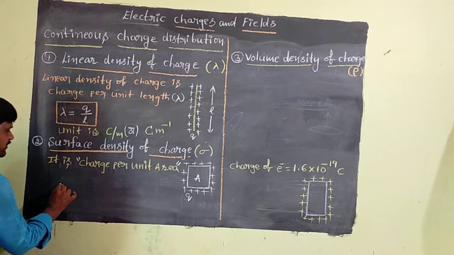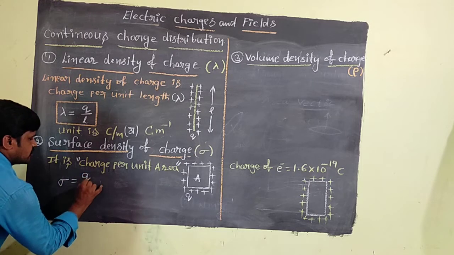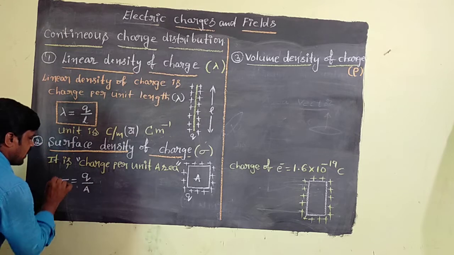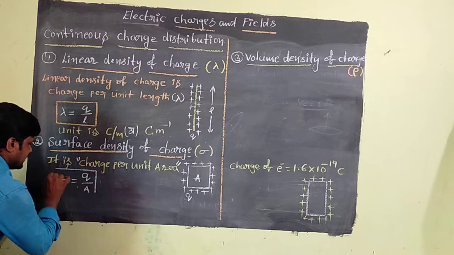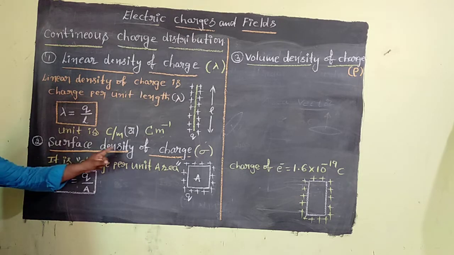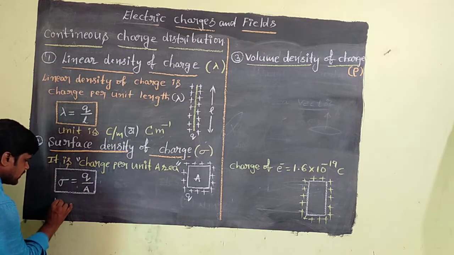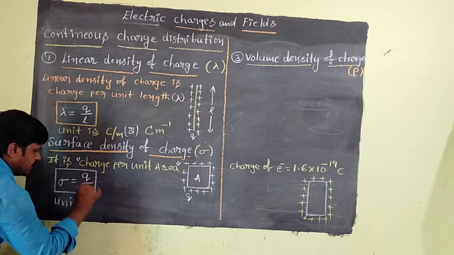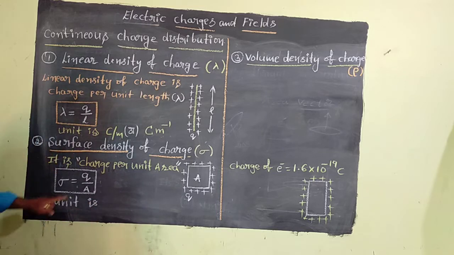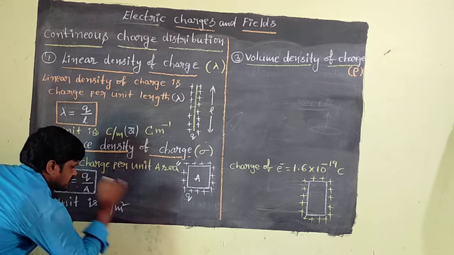Sir, it is denoted by which letter? Sigma. Sigma equals charge per unit area. Now, what is the unit of surface charge density? The unit for charge is coulomb, and for area, meter square.